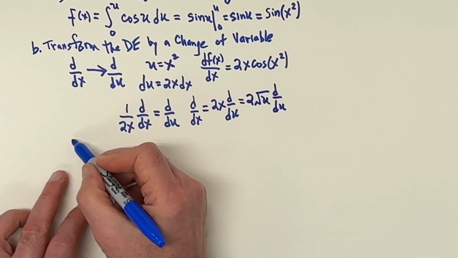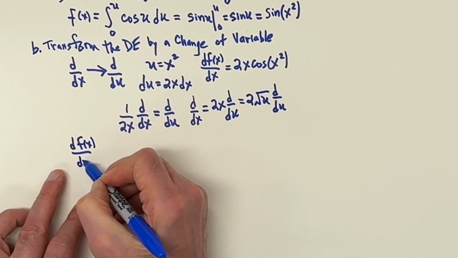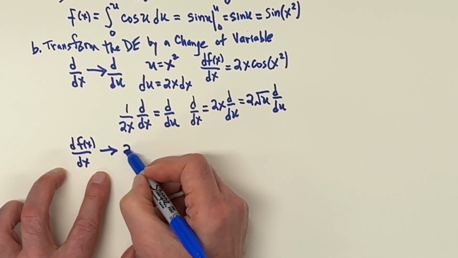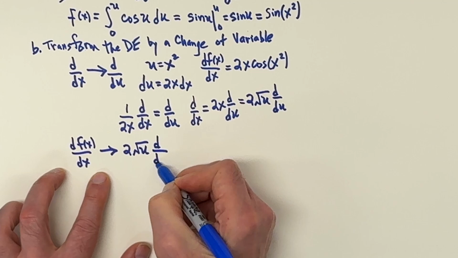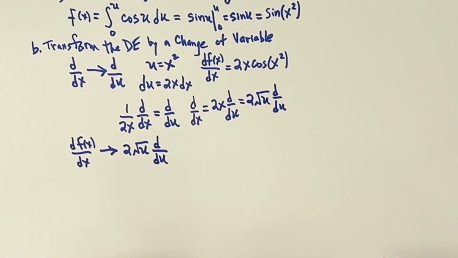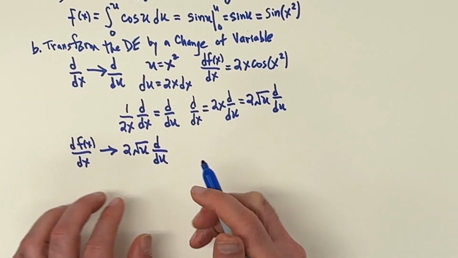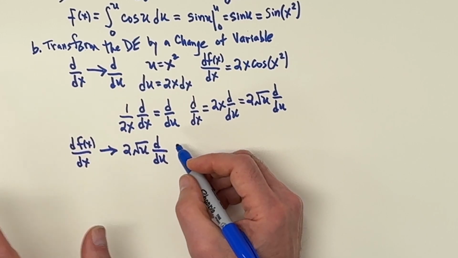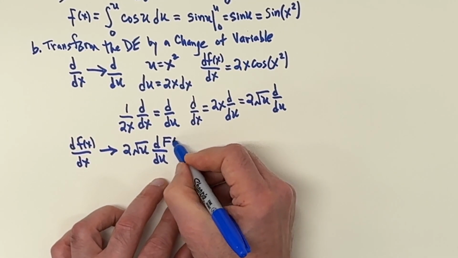So therefore, the derivative of the function with respect to x is going to have this 2 square root of u, the derivative of the function with respect to u. But now we've got to be careful, because f of x is the one function I started with, and now I'm going to have a function with u, and that's going to be a different function. I'm going to use a capital F, all right?